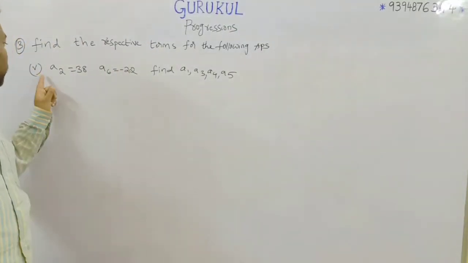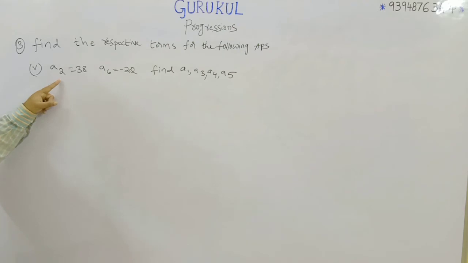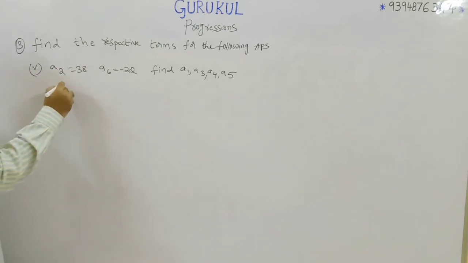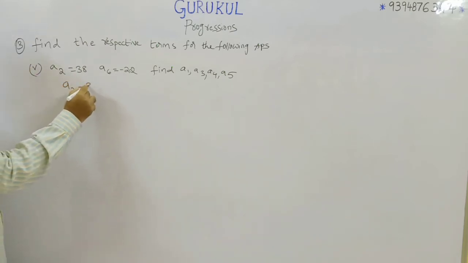Next sum, fifth sum. a2 equal to 38, a6 equal to minus 22. Find a1, a3, a4, a5. This is the given a2 equal to 38.